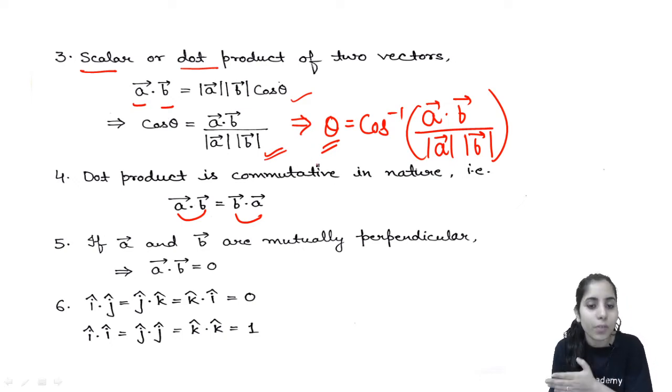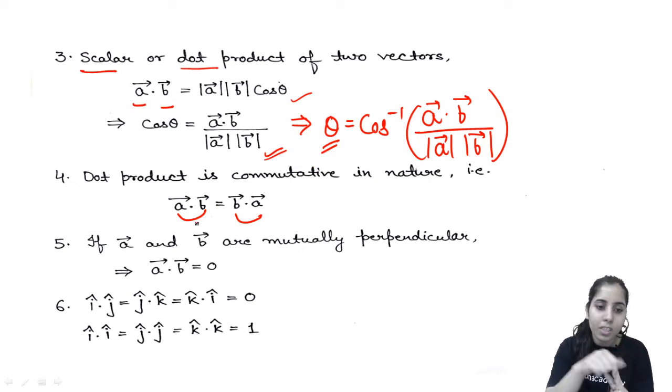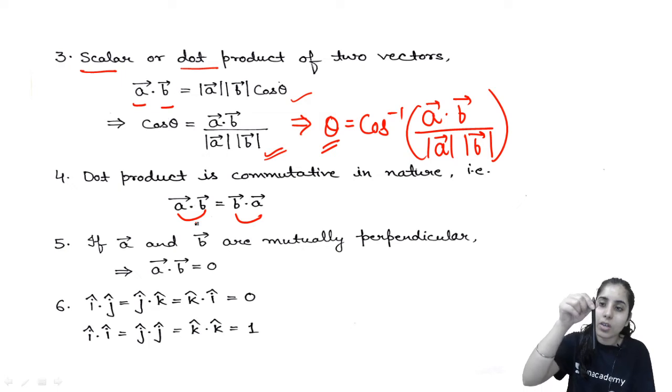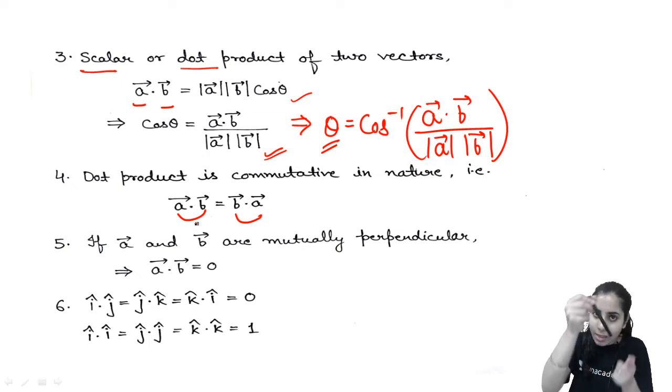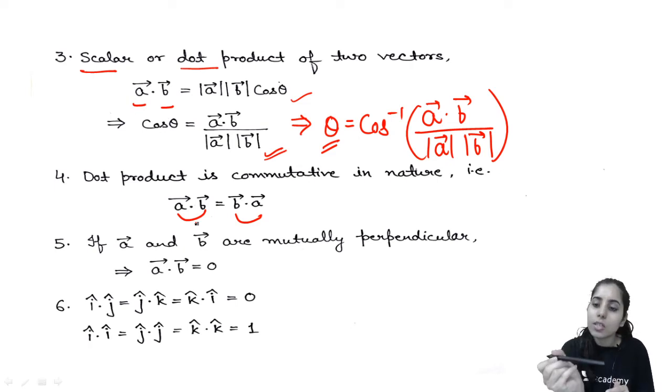Next thing, if you are given any two vectors, vector A and vector B, and these two vectors are mutually perpendicular. Let's say this is one vector, which is like this, and the other vector is like this. One is here, another one is here. Clear? So these two are mutually perpendicular to each other. If I say this is perpendicular to this one, or this is perpendicular to this one, both are the same thing.